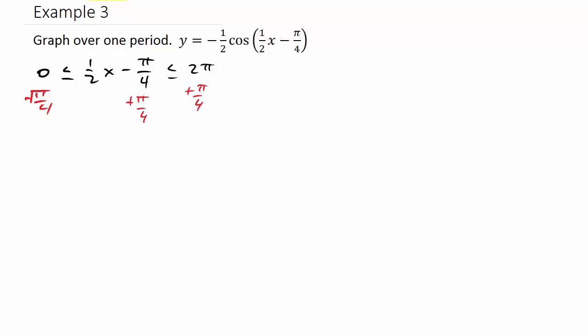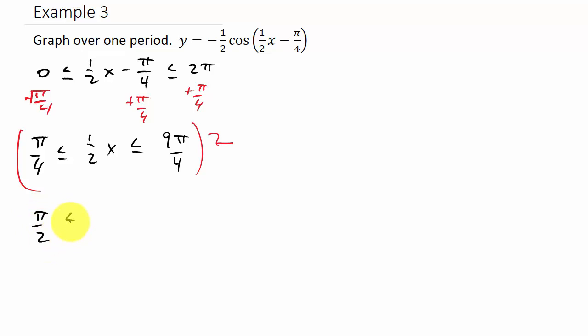So that's going to give me pi over 4 less than or equal to 1/2 x less than or equal to, let's see, 9 pi over 4. And then I need to get rid of the 1/2, so I'll multiply everything by 2. That'll cancel that 1/2 out. So multiply each one by 2, so that's going to be pi over 2 less than or equal to x less than or equal to 9 pi over 2.